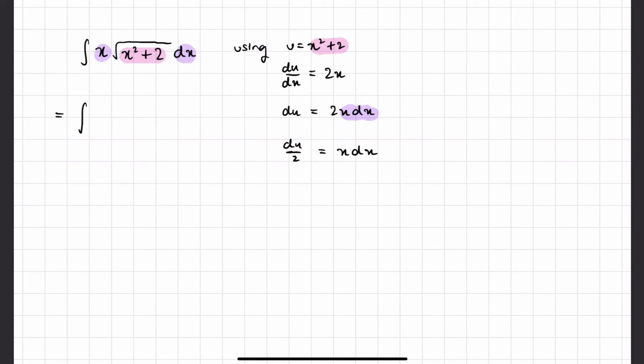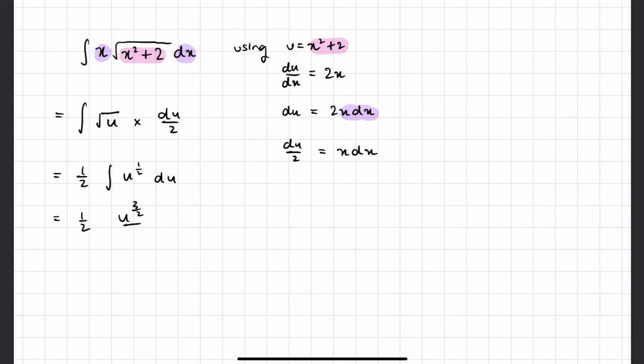So let's say square root u and then du on 2. Yep, change it back to index form, and now we can integrate.